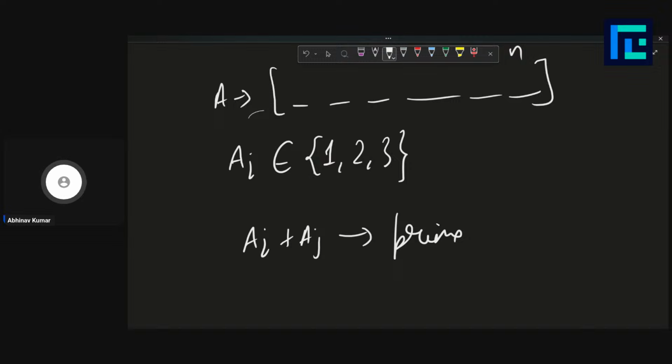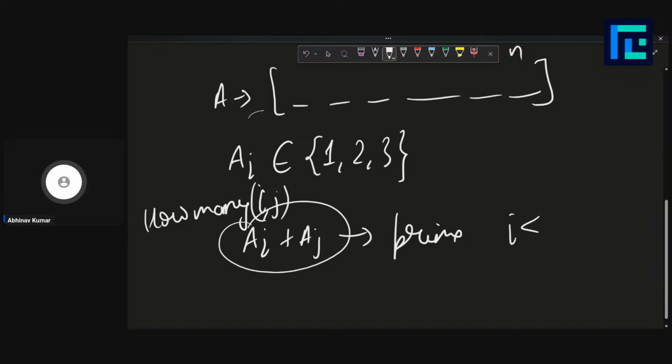So you have to just count how many such pairs of indices (i, j) exist such that this is prime and i is less than j.